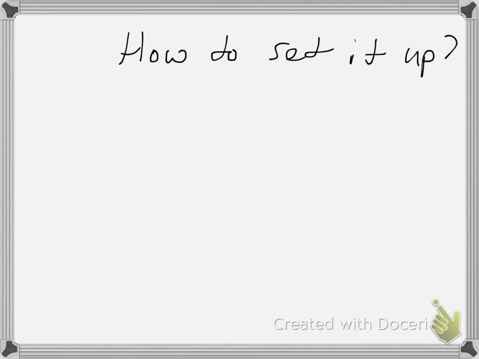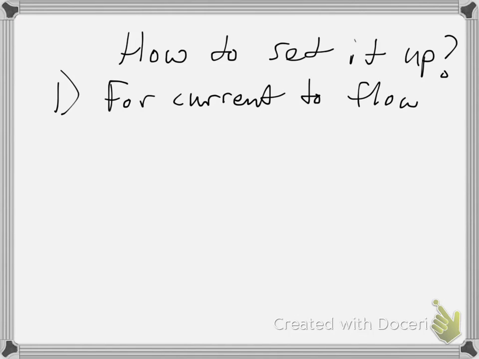Well, we have some rules for circuits. The first rule is, for current to flow, the circuit must be a complete loop. So for current to flow, the circuit must form a complete loop.